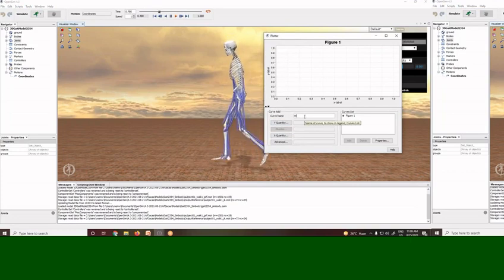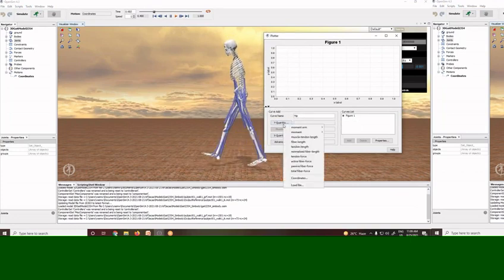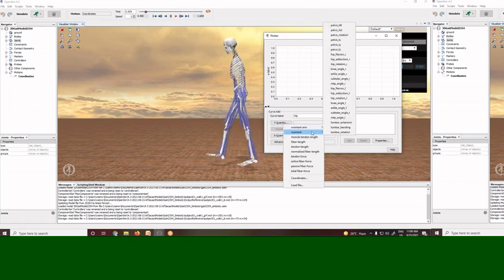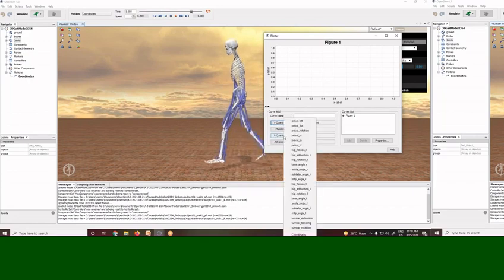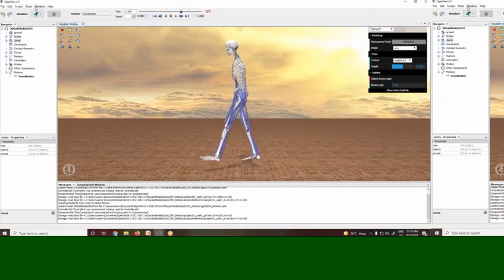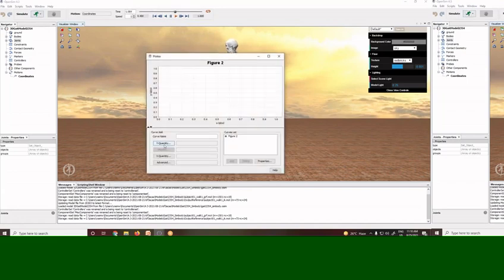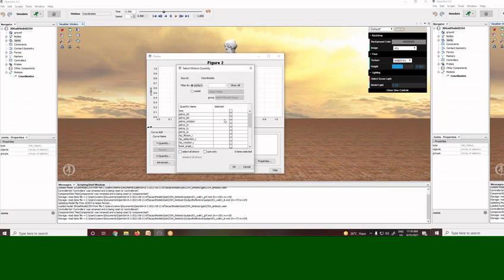Hip joints, I am going to see how the hip joint curve is coming. Hip joint, I am going to see hip flexion.